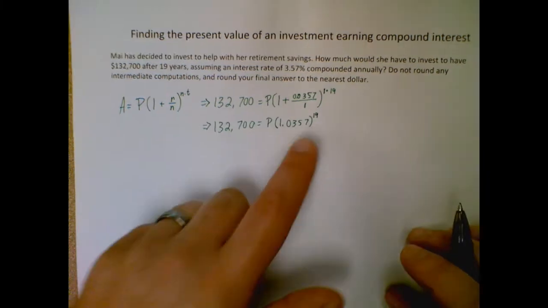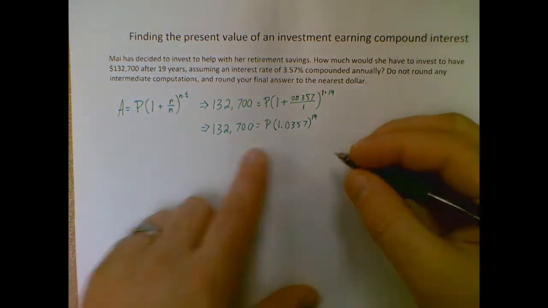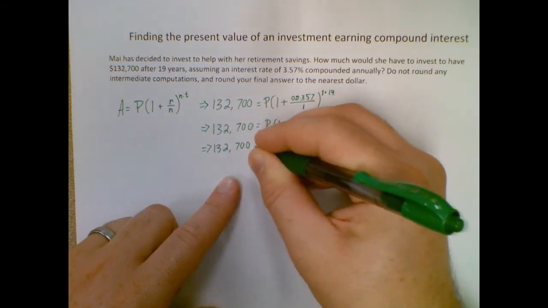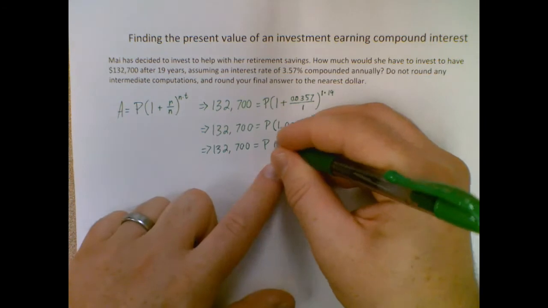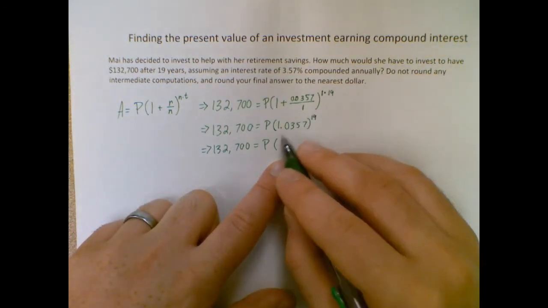Okay, so now I'm going to need to grab a calculator for that. So bring down this first part, 132,700 equals P. And then this is the part where you're going to be tempted to round. Please don't do it. I'll show you how to do this all in one go.